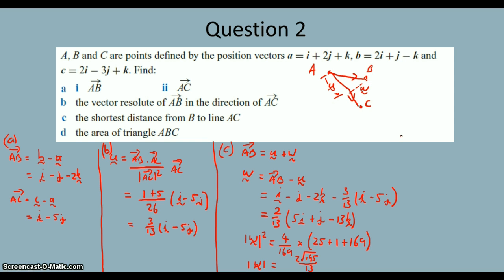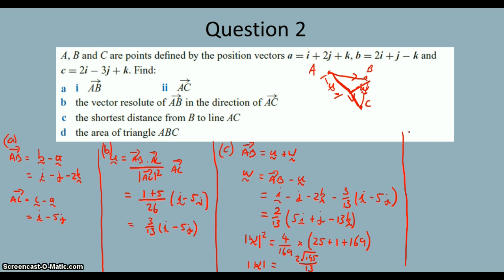And finally, to work out the area of triangle ABC, it's going to be a half base times perpendicular height. Now the base is going to be the vector AC, and our perpendicular height will be the length of vector W, and so that's what we need to find the area.